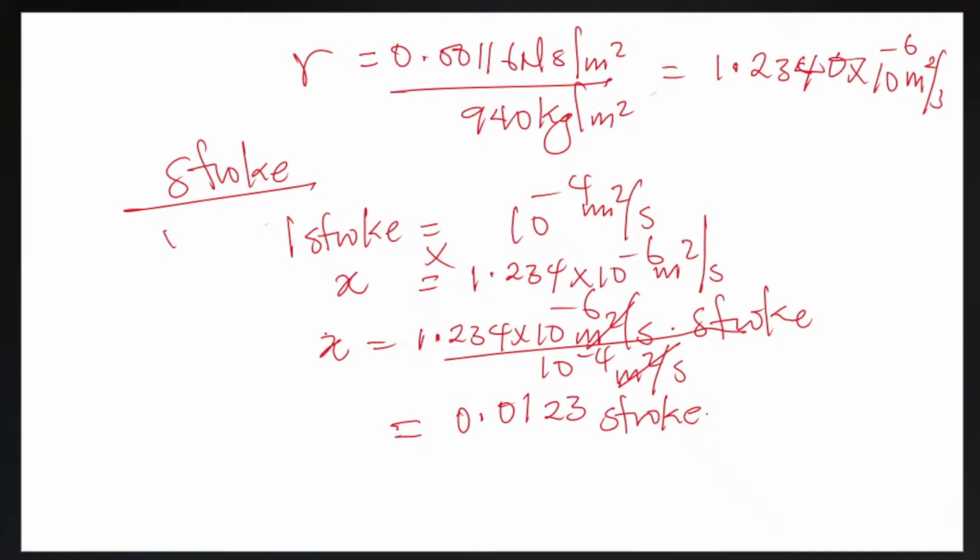Now let's go to a new page. If you cross multiply, your kinematic viscosity in centistrokes will be equivalent to 0.0123 strokes multiplied by centistrokes, divided by 100 raised to the power of minus 1 strokes.